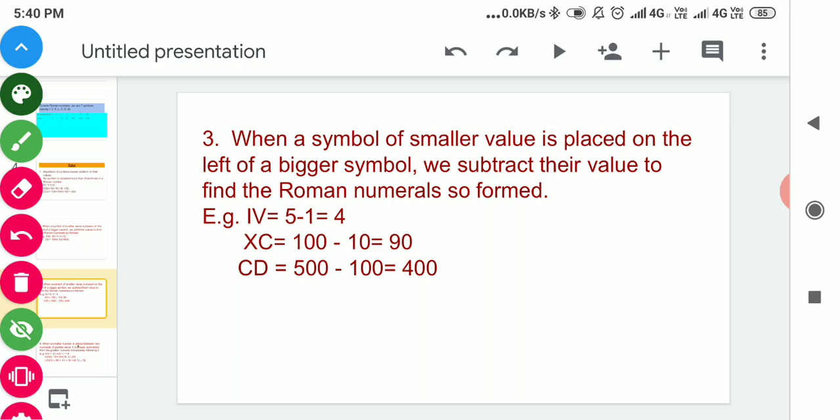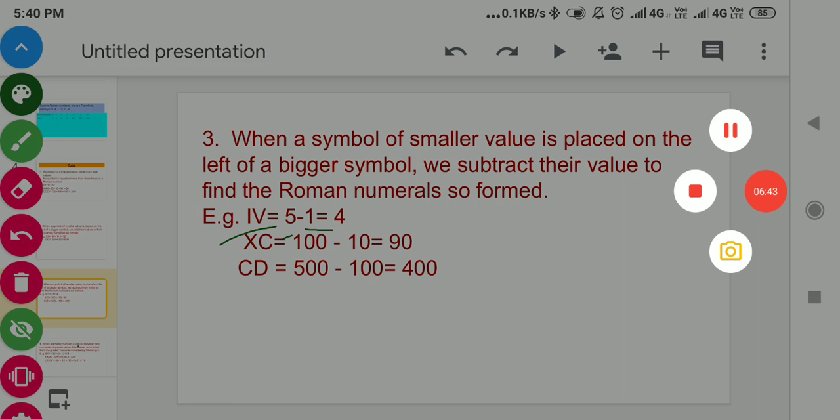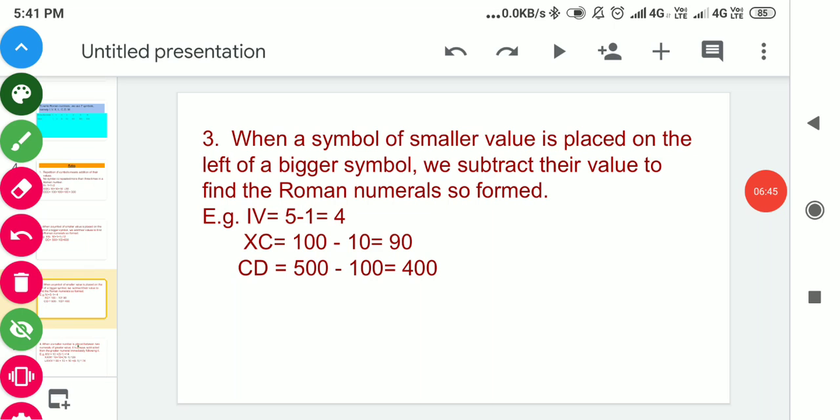Example, IV. I means 1 and V means 5. So here we will do subtraction according to this rule number 3. We will subtract the smaller number from the bigger number. The answer will come 4.